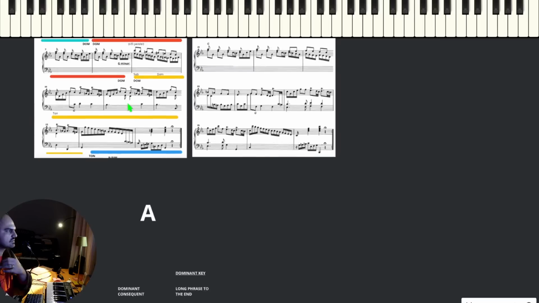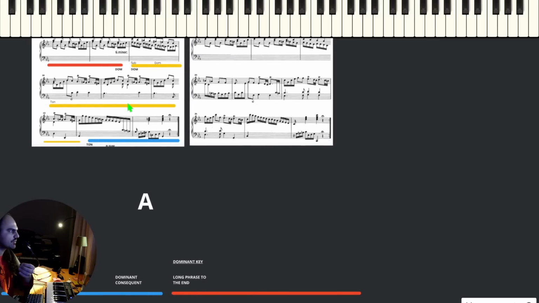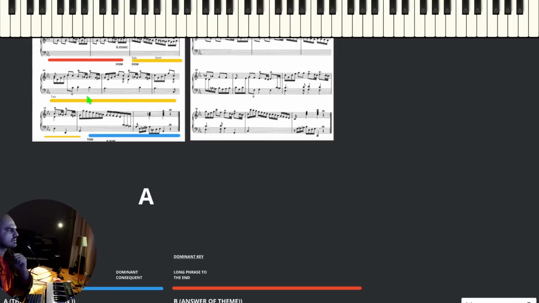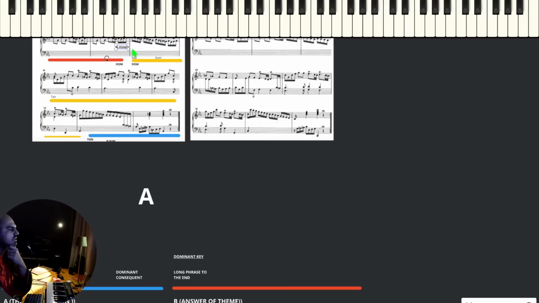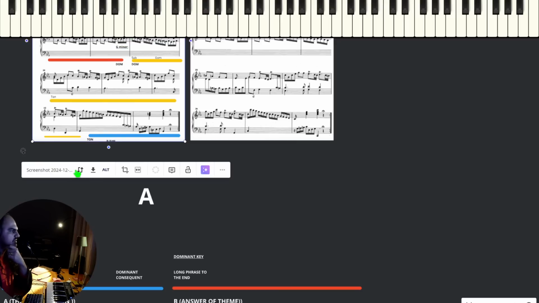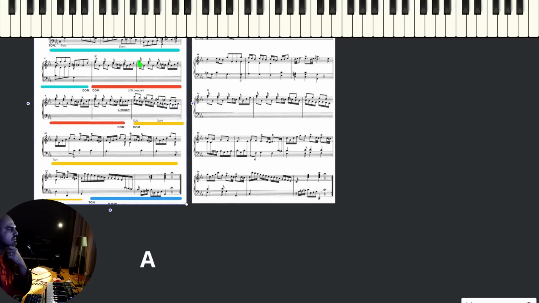And to get this aspect of a long phrase, it is key to start in another function and to go nowhere, to hold until you go to the tonic later on. And this is the new tonic. Okay, so we are in G minor. I could draw better for you to understand this is the new tonic in G minor.